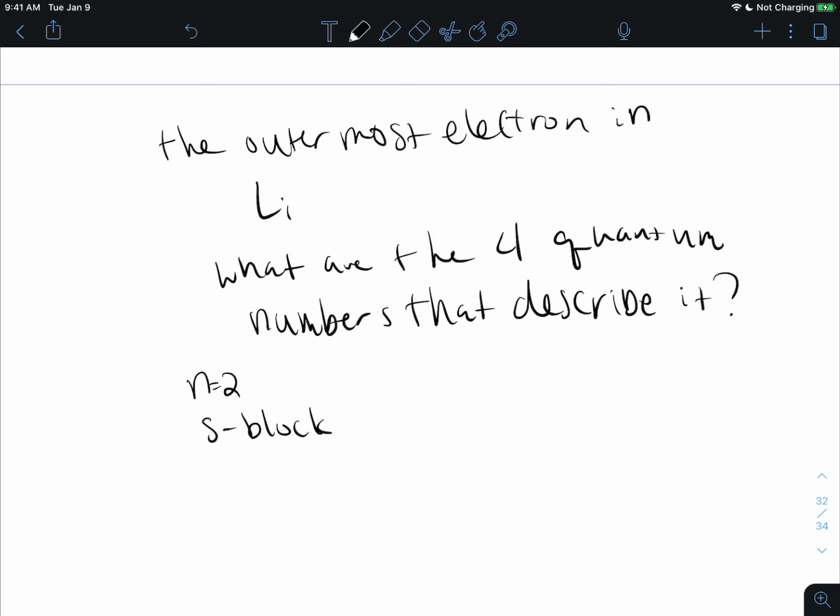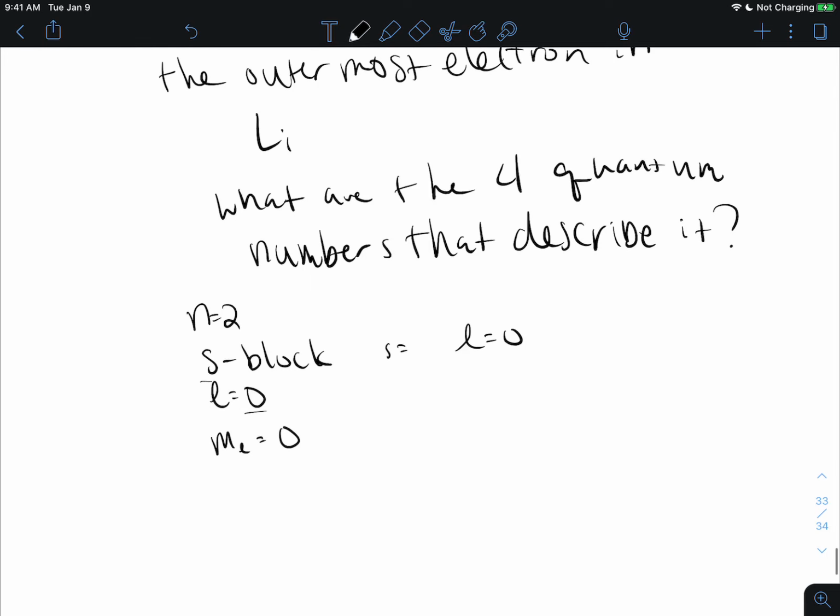So its L is equal to 0. Okay, s block, s, L equals 0. Our m sub L here, only one option, is 0. And then for our spin quantum number, it's the first atom within the s block, so it's going to be described by a positive 1/2. So we have n equals 2, L equals 0, m sub L equals 0, and m sub s equals 1/2.